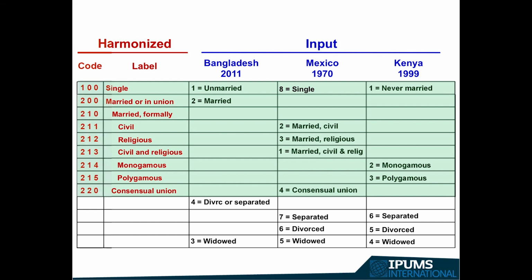So in this case, the 2 for 200, married or in union, that would be consistent across every sample in the database. The second digit provides additional information available in a broad subset of samples, in this case distinguishing between formal marriage and consensual union. And then the third digit provides information that's really only rarely available, or it might be country or region specific.